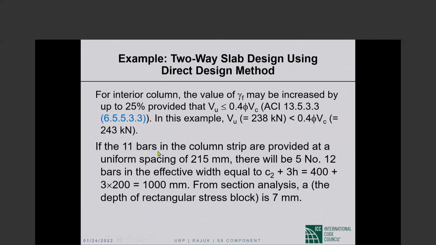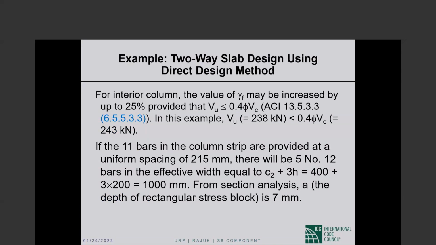If the 11 bars in the column strip are provided at a uniform spacing, the spacing then will come to 215 millimeters, 10 spacings, and 2150 is the total width. There will be 5 number 12 bars in the effective width equal to 1000 millimeters. You see what I'm saying?